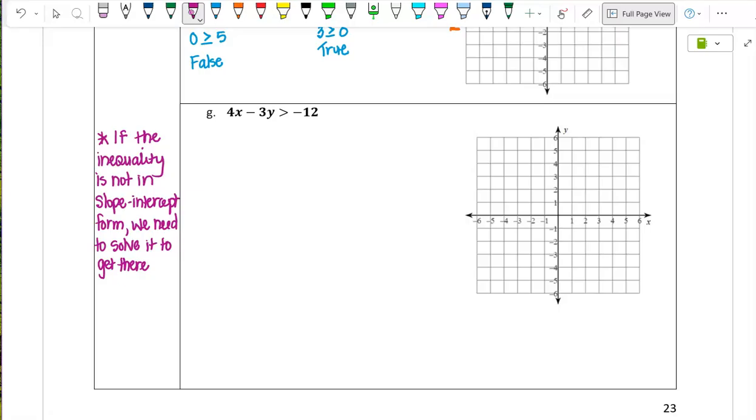So if we're given 4x minus 3y is greater than negative 12, I'm going to start by subtracting 4x from both sides. So I have negative 3y is greater than negative 4x minus 12. Then to get y by itself, I have to divide everything by negative 3.